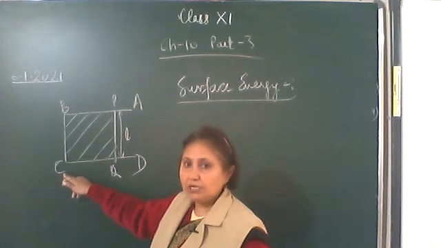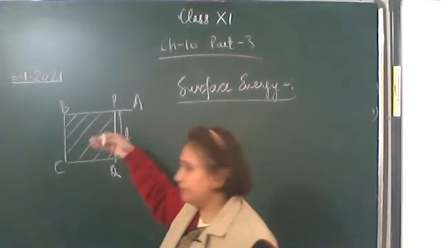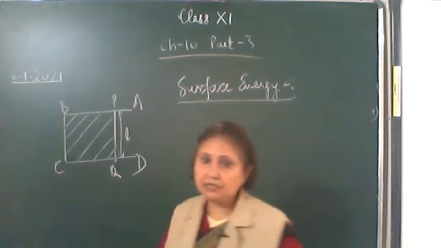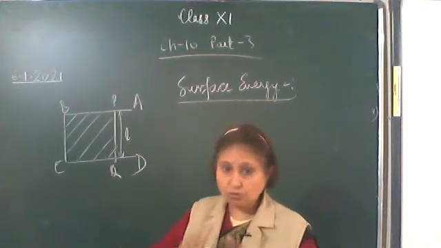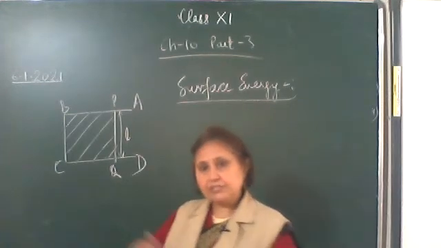Now in this soap film, there is one free surface in the front and the other free surface at the back. So there are two free surfaces, that is, the liquid surface exposed to air.